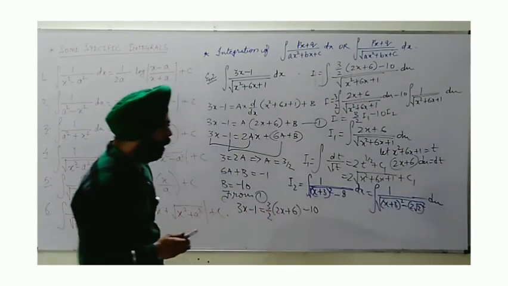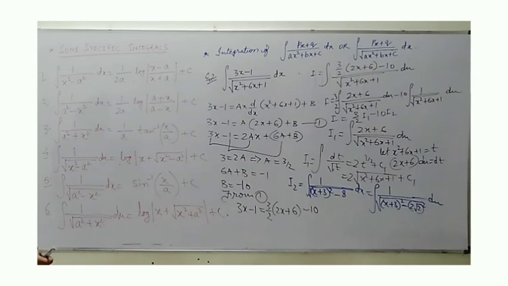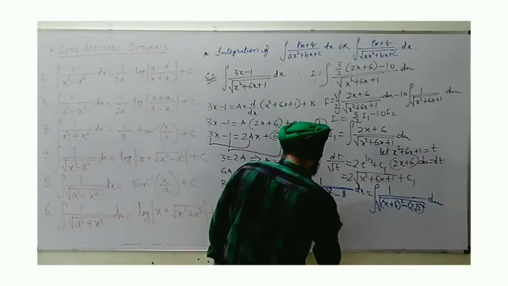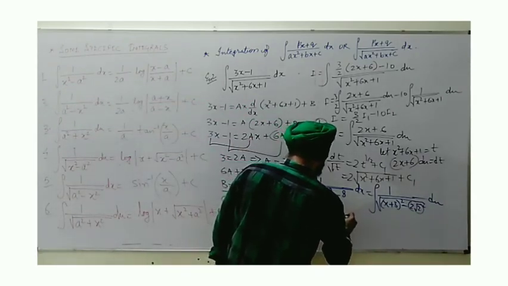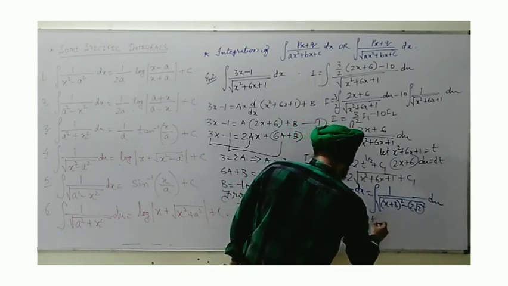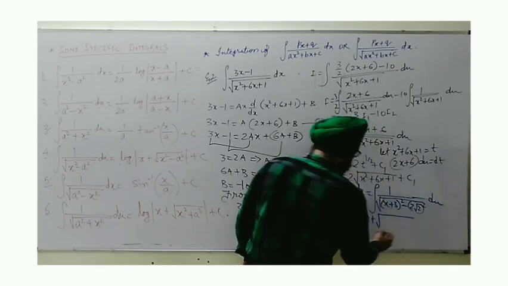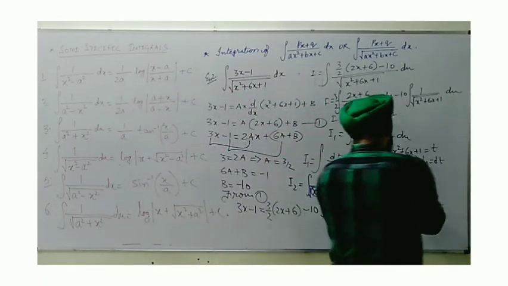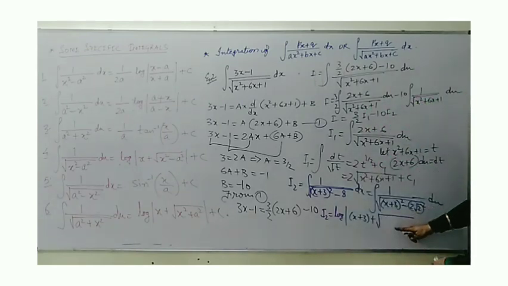The only thing we need is to put the identity, it is under root x square minus a square. Under root x square minus a square is the fourth identity, and that's why I2 will be written as log of x, meaning x plus 3, plus under root. And I repeat what I was saying when explaining the basics: we should write directly the polynomial from which all this was obtained.